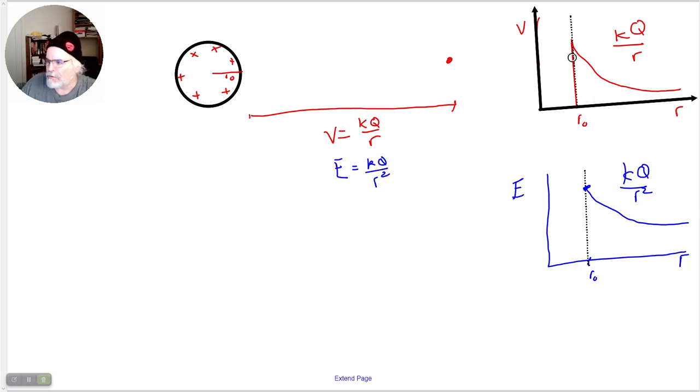Everywhere on the surface, the potential is the same. The charge is evenly distributed, and so the potential is the same. Hang on, I'm trying to get rid of this red line. There we go. Okay.